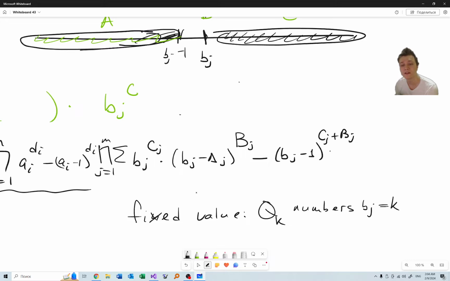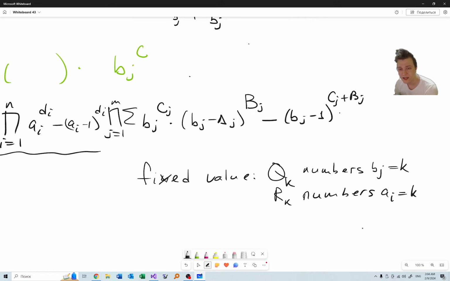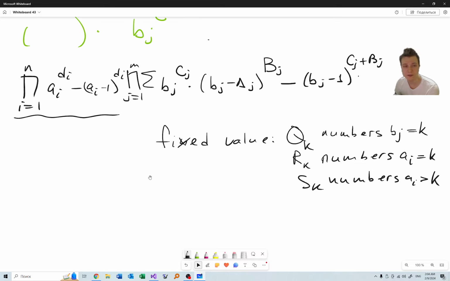Also let there be rk numbers ai equal to k, and let there be sk numbers ai which are greater than k.